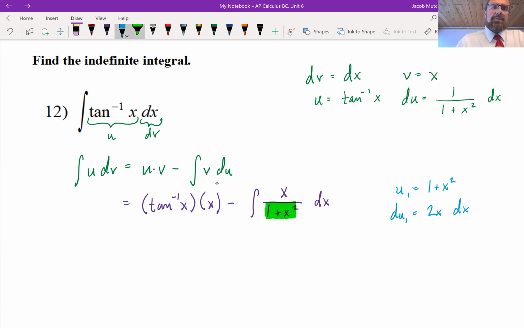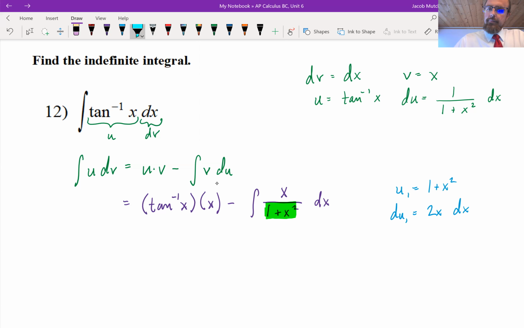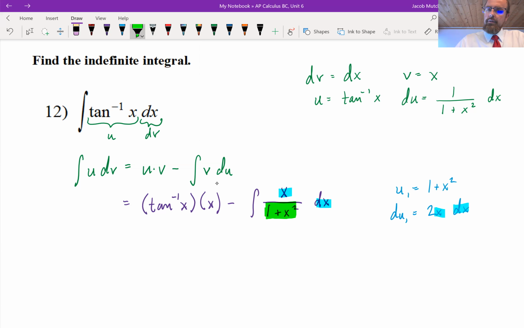And so what I see here is I've got my x and my dx, and I've got my u sub 1. So all I need to take into account is this 2. I don't need it there, so I need to cancel it with a half. And let's make our substitution.